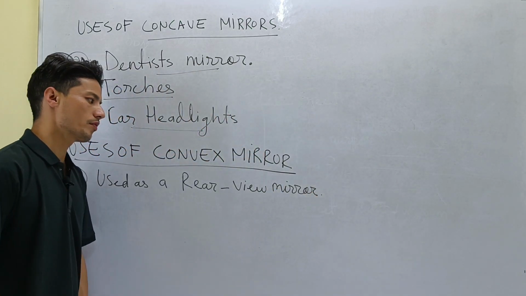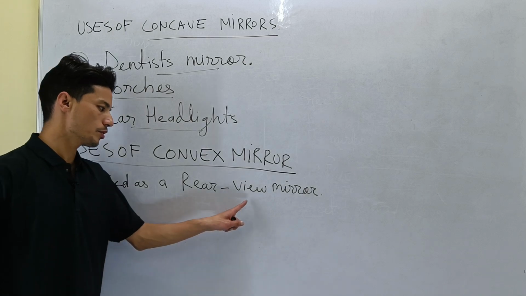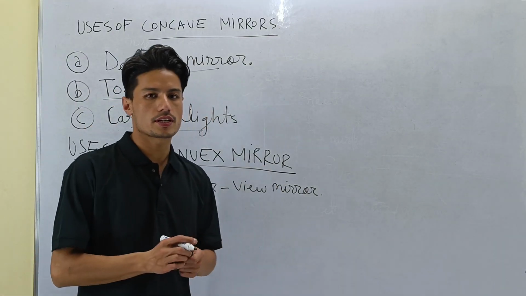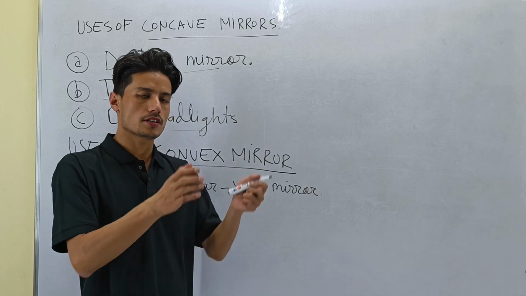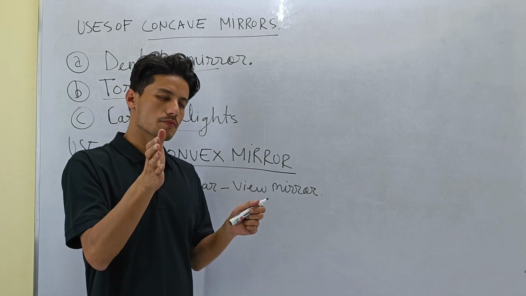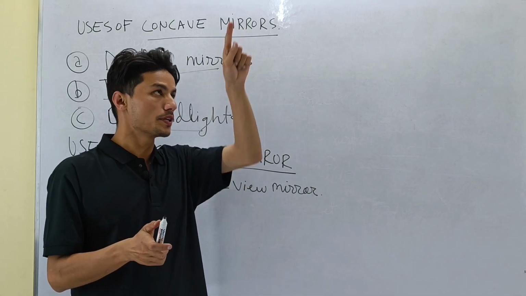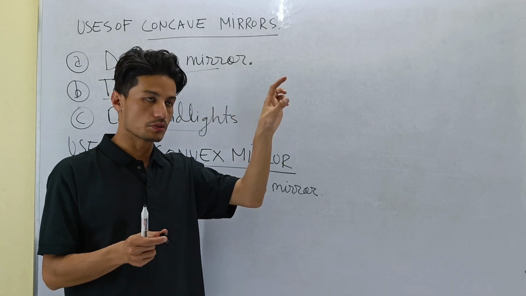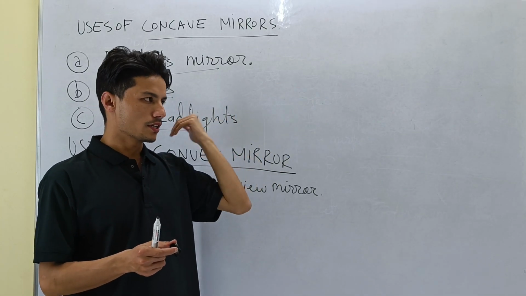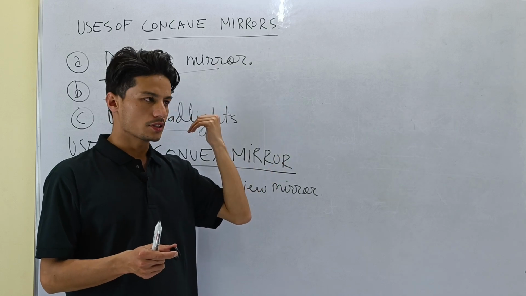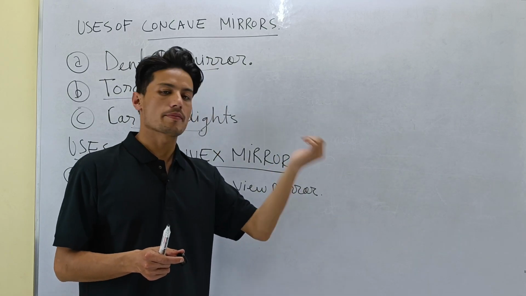What is this rear view mirror? Next time you travel by bus, look in front, just above the driver, and you will see a mirror. The driver looks into that mirror to see the passengers, whether there are any empty seats or not, and whether a passenger is stepping down or climbing up, like that.